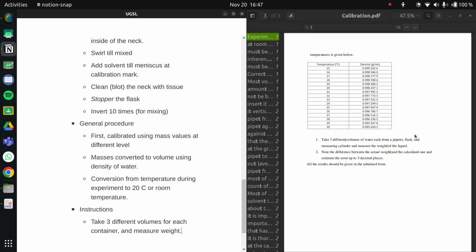Okay. And calculate, and measured volume.